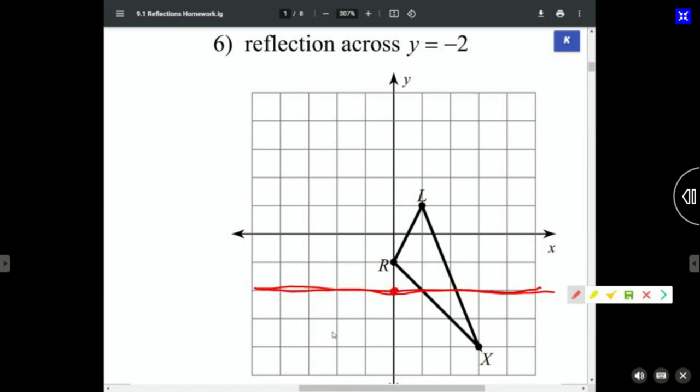Since I'm going across that line, do I want my shape to be flipping left and right, or do I want my shape to be flipping up and down? Up and down. All right, so from that line, R is going up 1. So to reflect it, R has to go down 1. R prime.